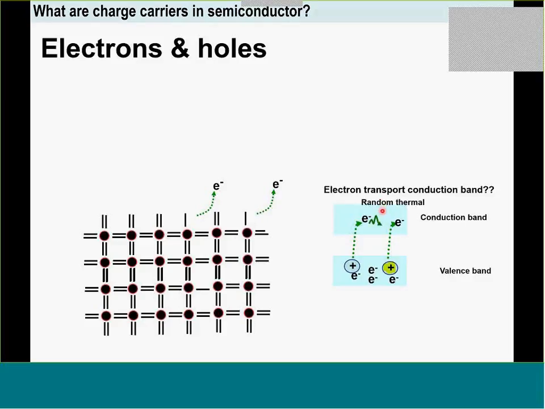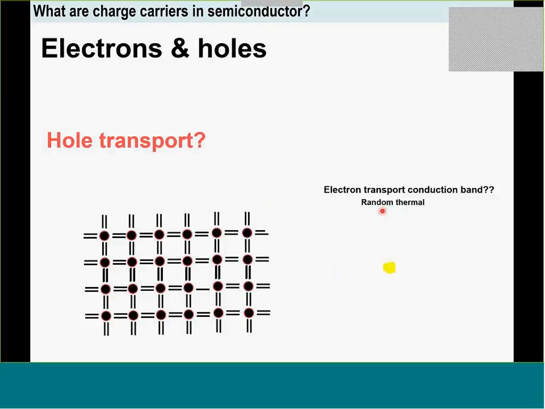But how about hole transport? Let's look at this animation so that you can have in your mind how the hole moves in the valence band. You must remember that holes move in the valence band and electrons move in the conduction band.